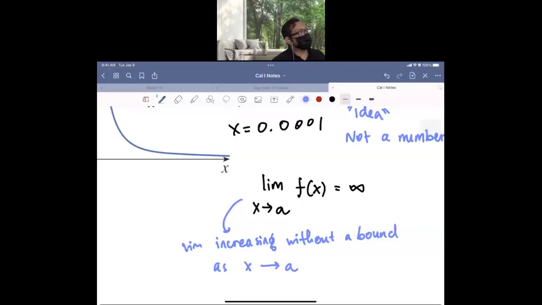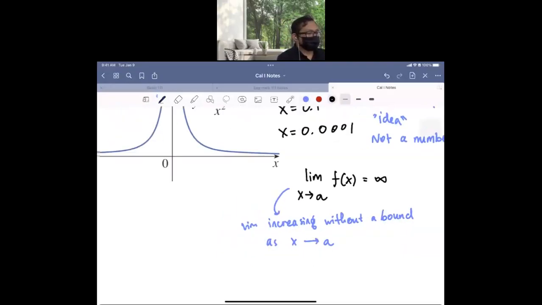We also call this an infinite limit. Infinite limit.